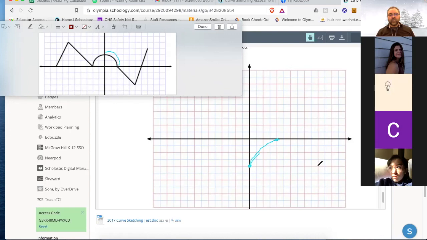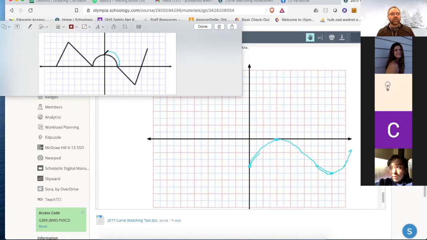Somewhere here is our inflection point. And it continues to decrease, but it switches to concave up until we get to 6. So something like that, and then it increases and stays concave up forever.